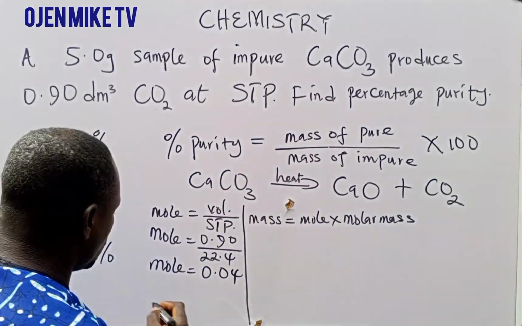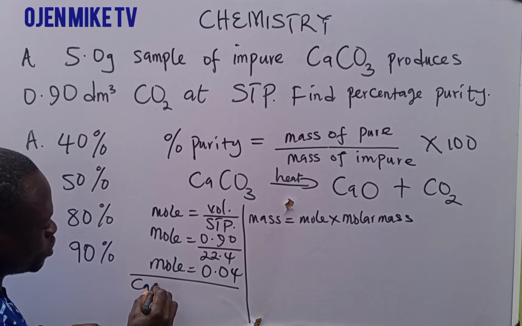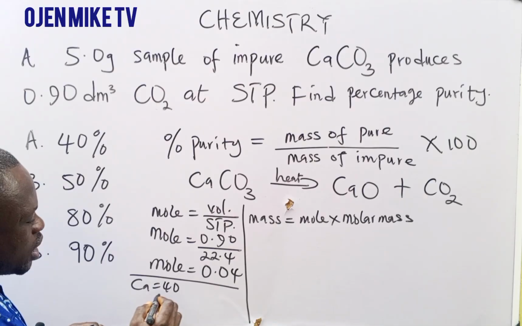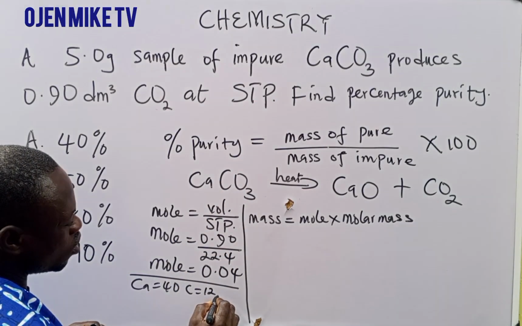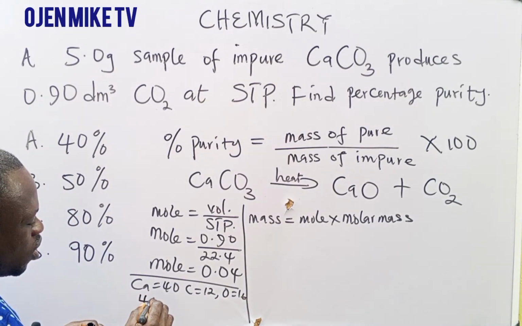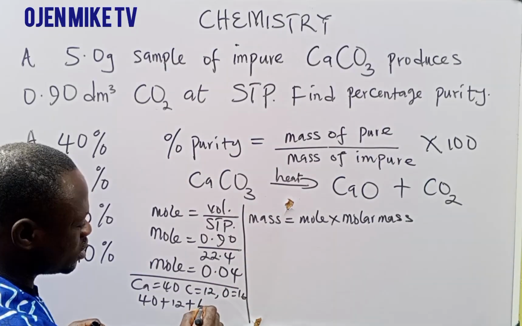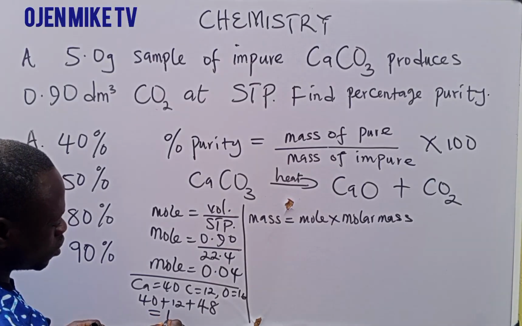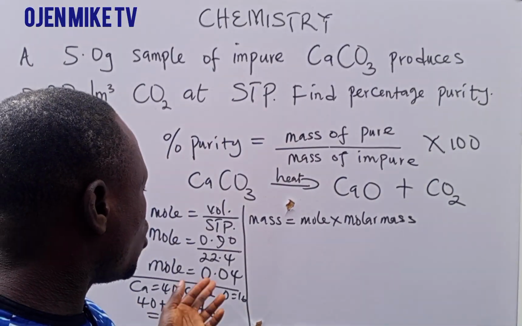Calcium is 40, carbon is 12, oxygen is 16. If you add them together, 40 plus 12 plus 16 times 3, which is 48, because oxygen has 3 atoms, that gives us 100. So the molar mass of limestone is 100.